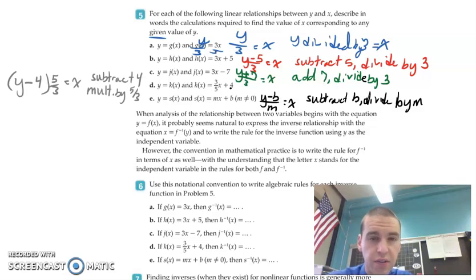D is a tough one. We've got to remember to multiply by the reciprocal, so subtract 4, and then multiply by 5/3. Multiplying by 5/3, when multiplied by 3/5, will create that to be a 1, and the coefficient's a 1, so therefore you have x alone. And in E, subtract b, and then divide by m.